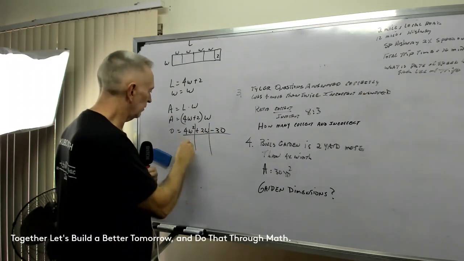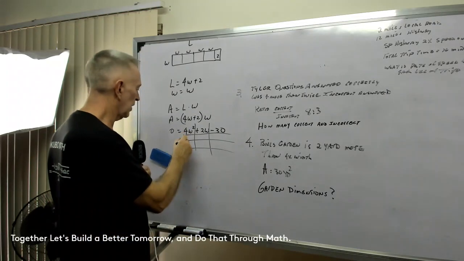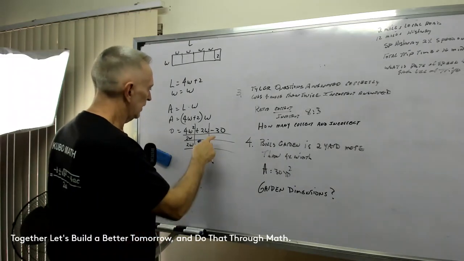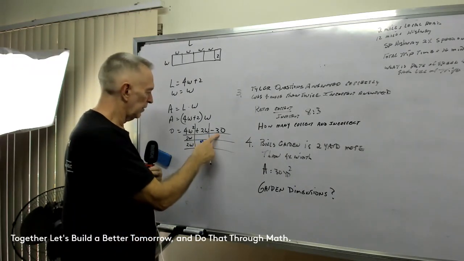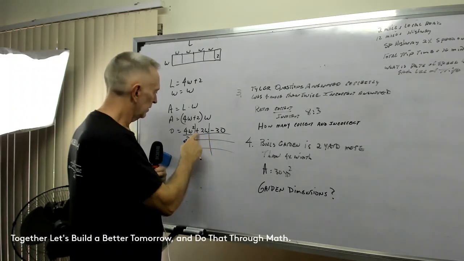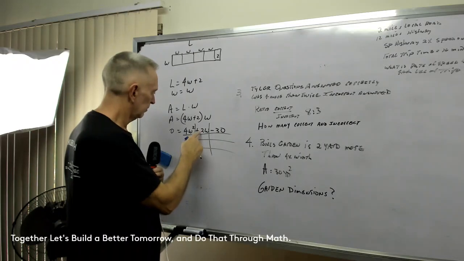So when in doubt, do what? Factor. Okay, 4W squared could be 2W times 2W. I need to get some factors of negative 30, 6 times 5, that when added together with all of this, there's a difference of 2.